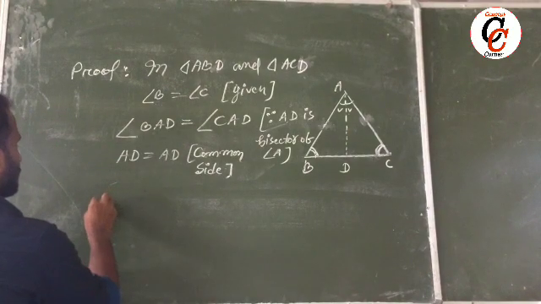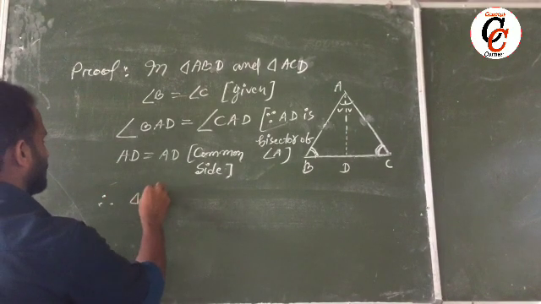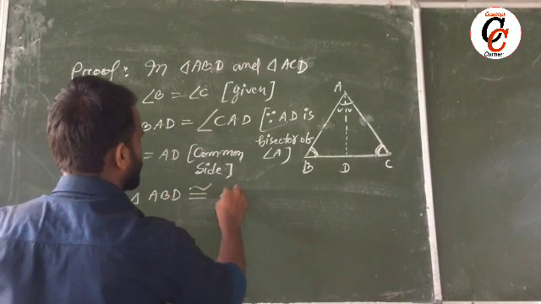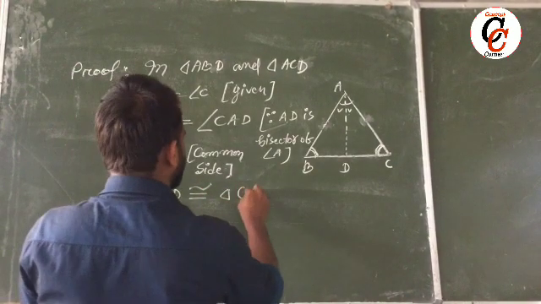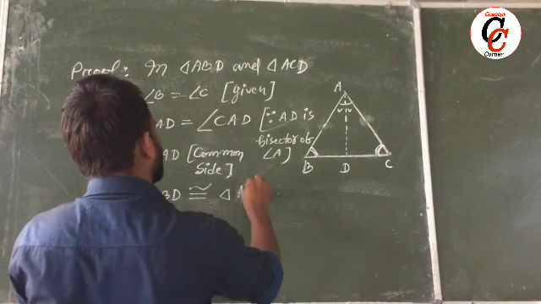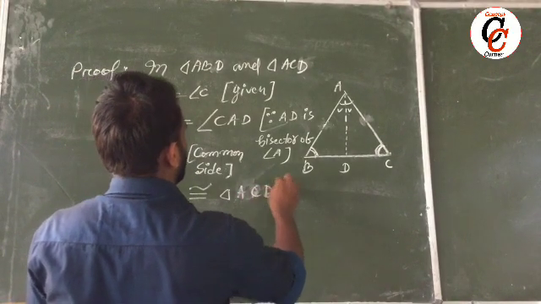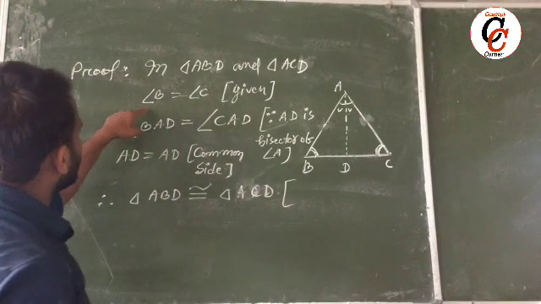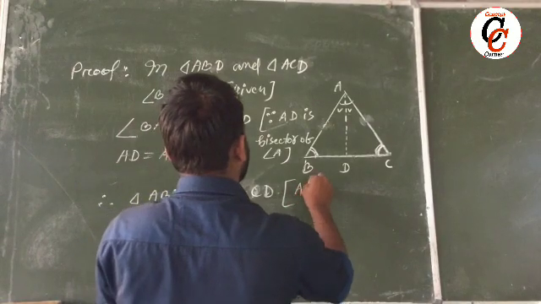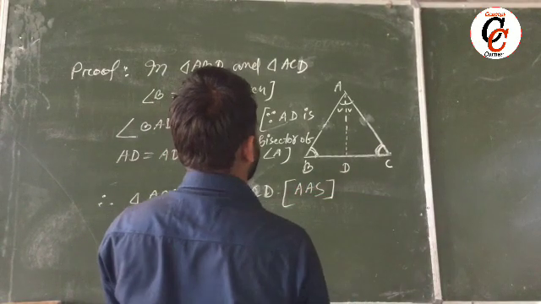So we can write triangle ABD is congruent to triangle ACD by the criteria angle-angle-side, or AAS.